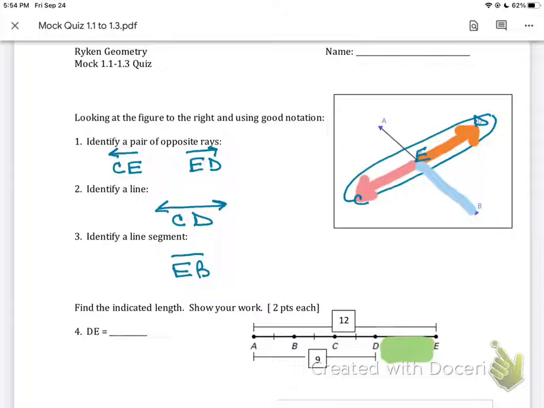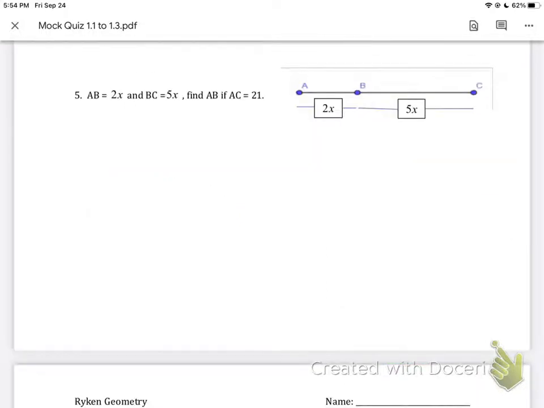I know the entire segment I'm seeing here is AE. So I can get DE by saying AE, which is the big piece, minus AD, which is the smaller piece. So put your numbers underneath there, 12 minus 9, and you get a length of DE of 3. So right here, that's 3. And it makes sense because 3 plus 9 gives me 12. Okay, let's go on to the next page.